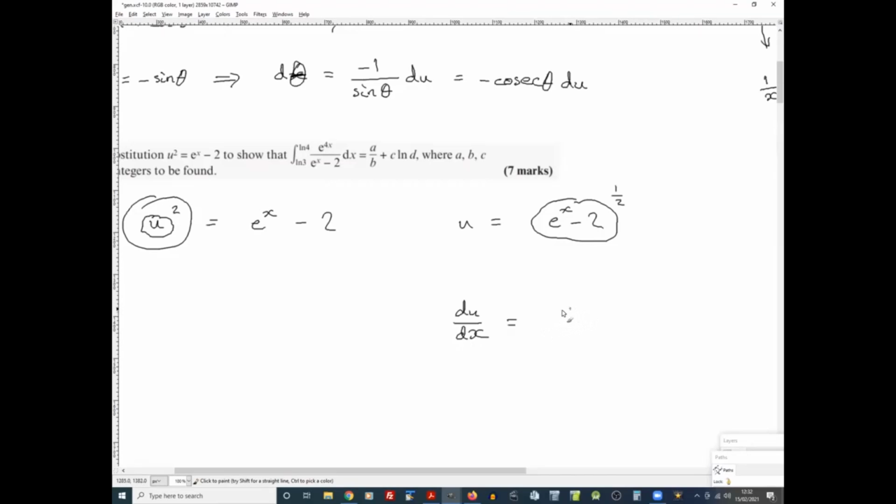We've got a half, e to the x minus 2 to the minus half, times e to the x. Yes, good.